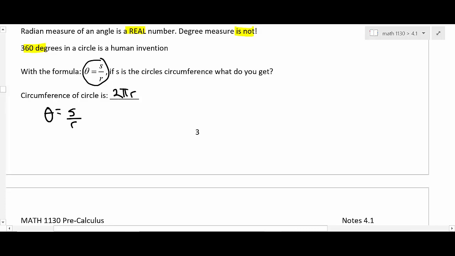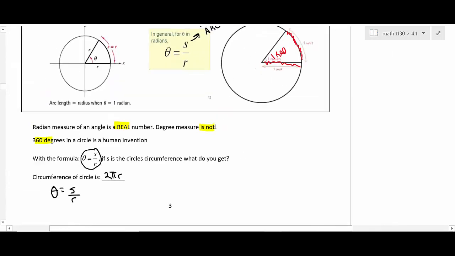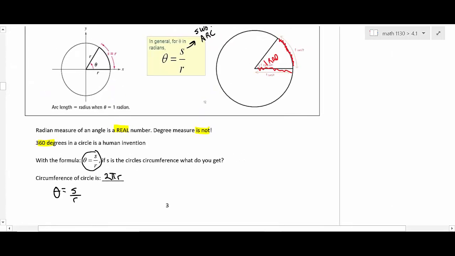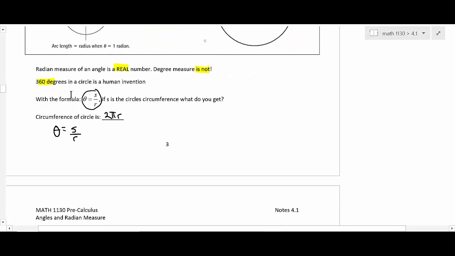Well, in this diagram that I have up here, what would happen is if you went all the way around the circle, that's what s is, right? The circumference of a circle is all the way around. So I'm going to show you something that gives a very fundamental discovery here. If you're going all the way around the circle, we know that's 360 degrees, right?